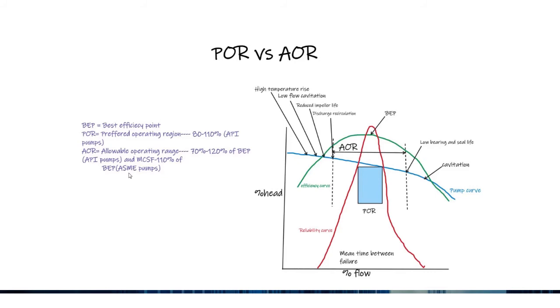And if we talk about ASME pumps, ASME B73.1 or 73.2 pumps, it defines that the allowable operating range should not be beyond 110% of BEP, and then it relates the lower limit of AOR with the minimum continuous stable flow.